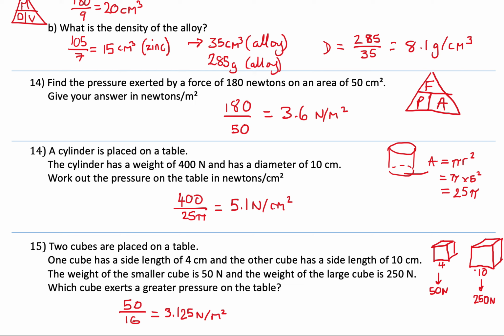And this one, the area of the base of this cube would be 100, 10 times 10. So I want to do 250 divided by 100. And that of course would be 2.5 newtons per square meter. So despite the fact that this had less weight, it is exerting greater pressure.